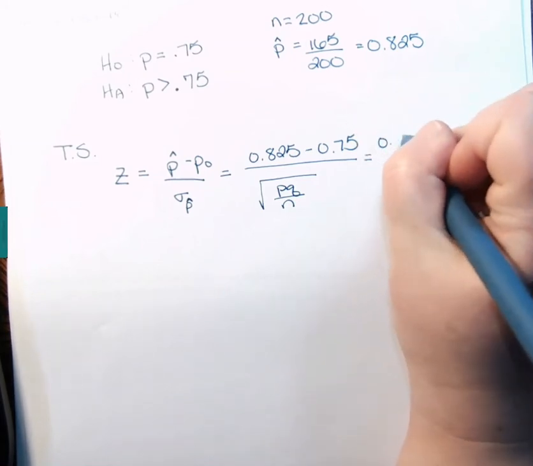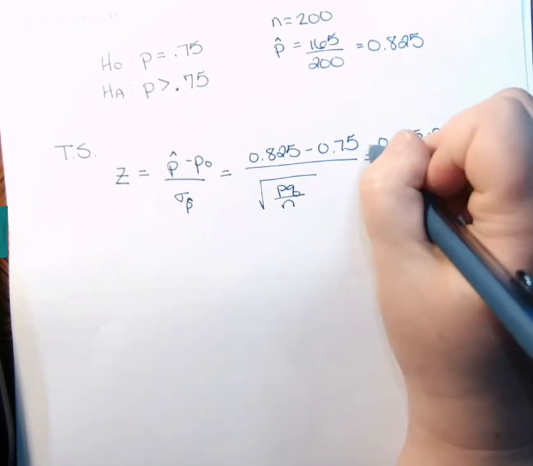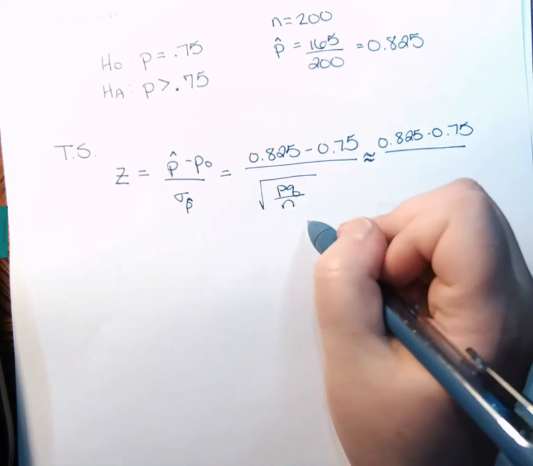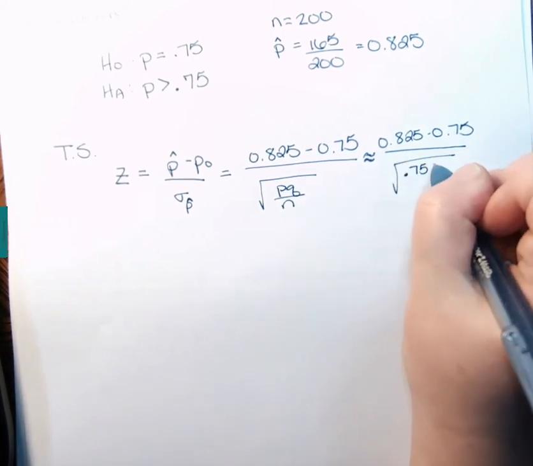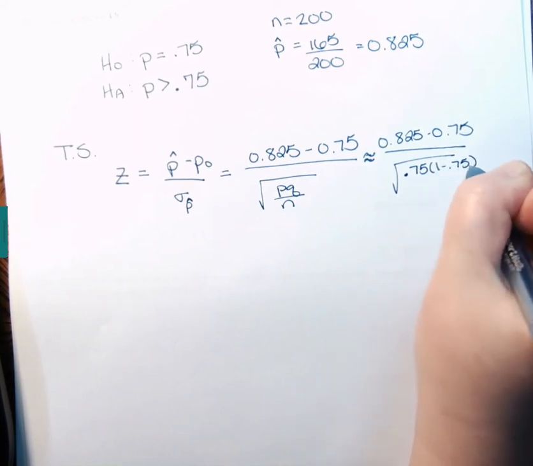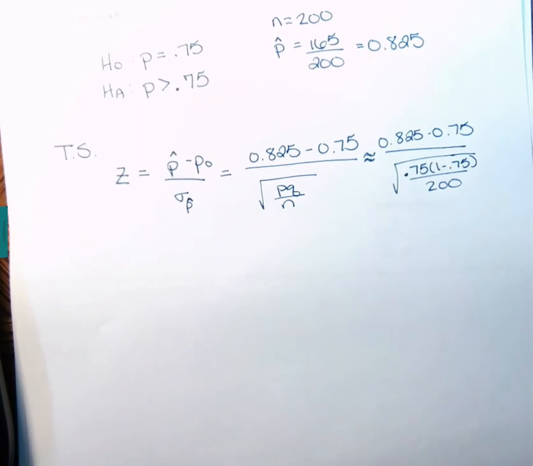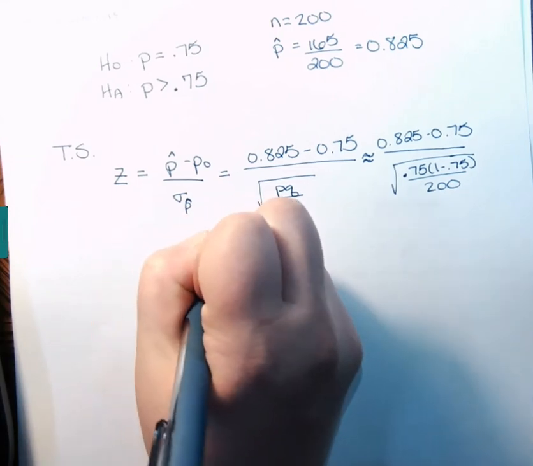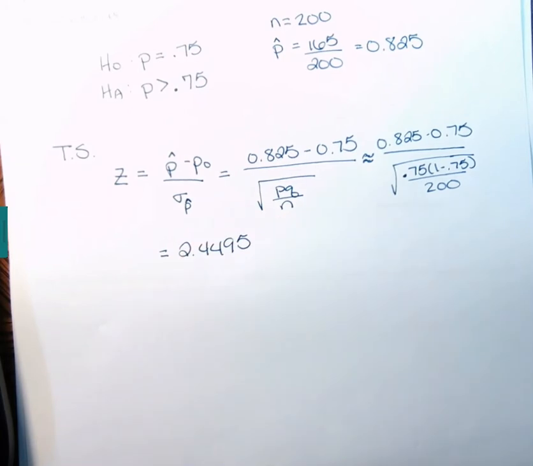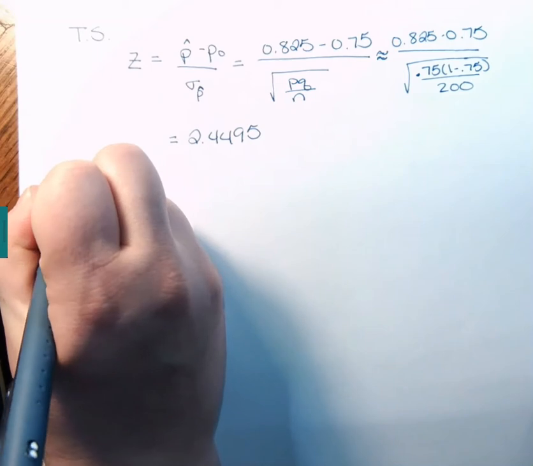And again, that's because in a hypothesis test, we're always assuming that the null hypothesis is true. So we're going to get the square root of 0.75 times 1 minus 0.75 divided by 200. And if you put that in your calculator, I believe that is 2.4495. So next, we need to find our rejection region.